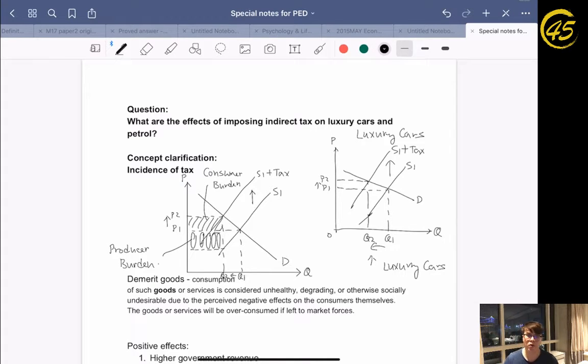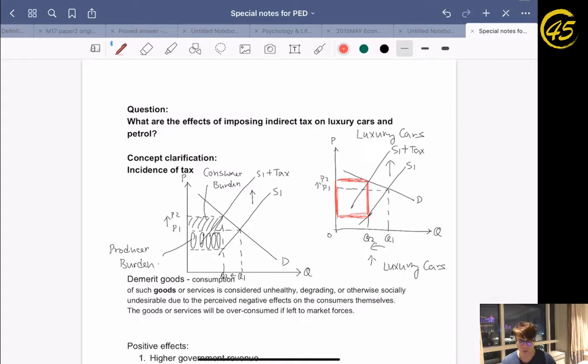Now we are going to draw the incidence of tax. We put a straight line above Q2, and then link it with the y-axis to show the quantity. Then we have a box here.